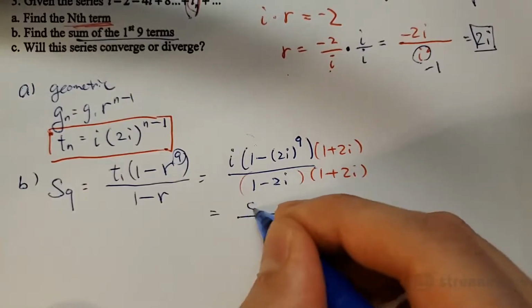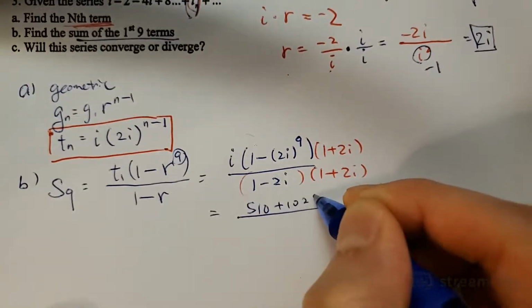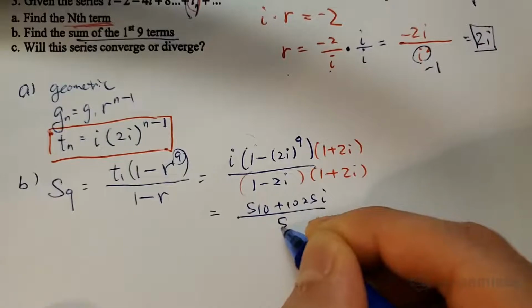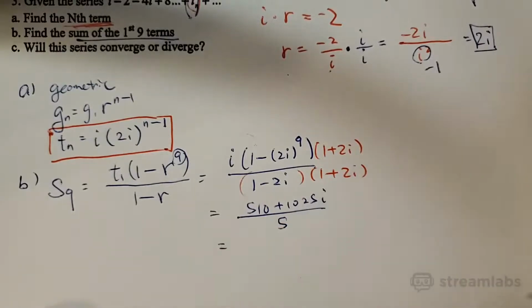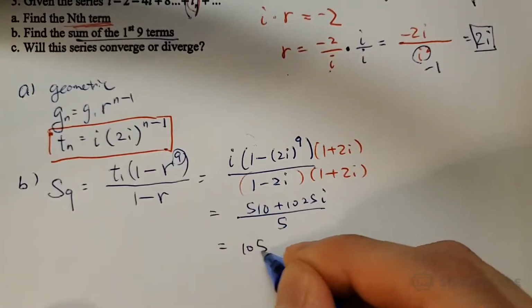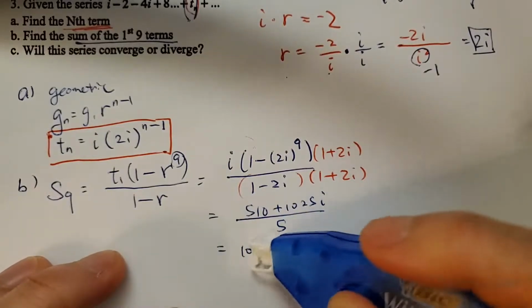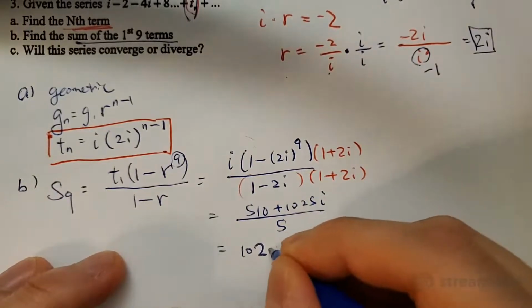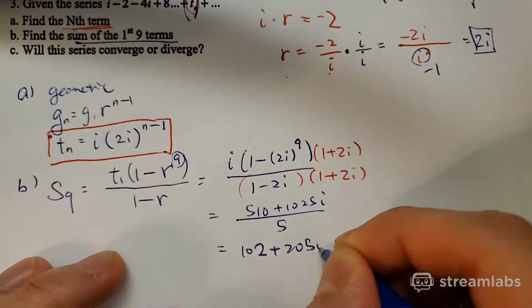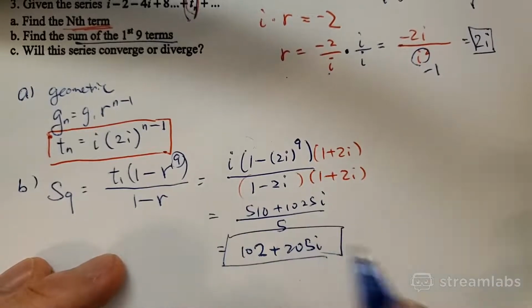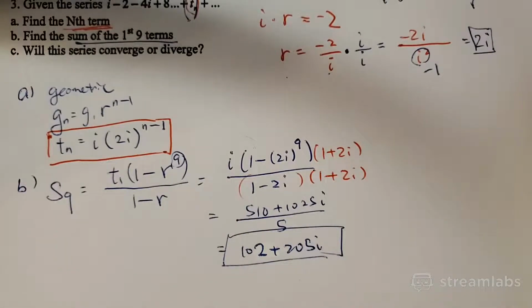Eventually, you're going to get 510 plus 1025i over 5, which will end up being 102 plus 205i. Okay, that's what you're going to get.